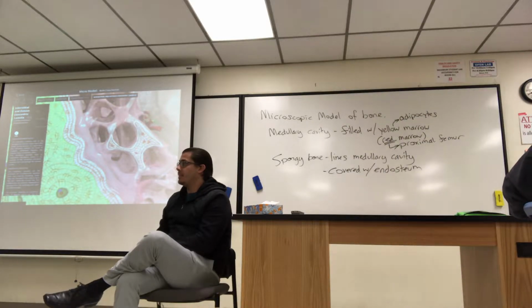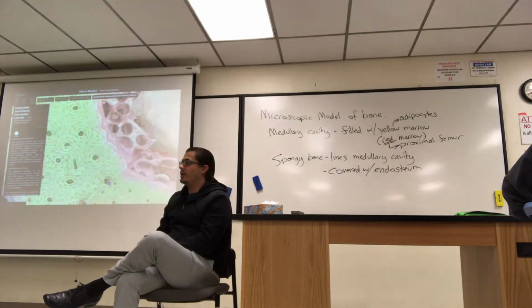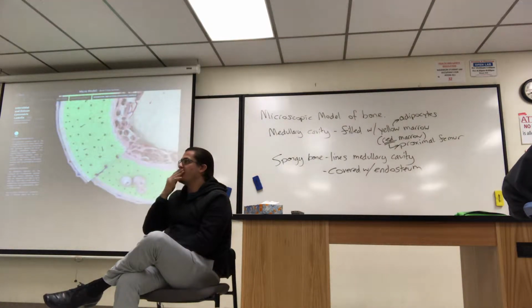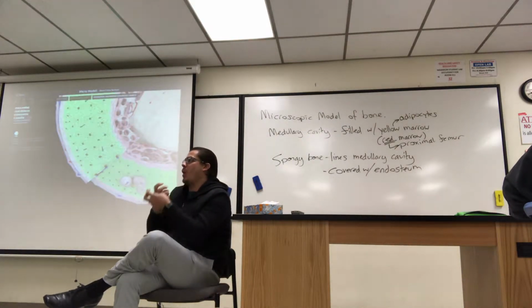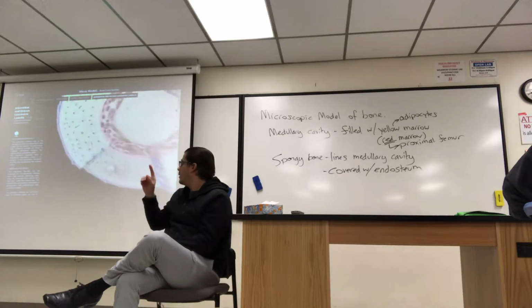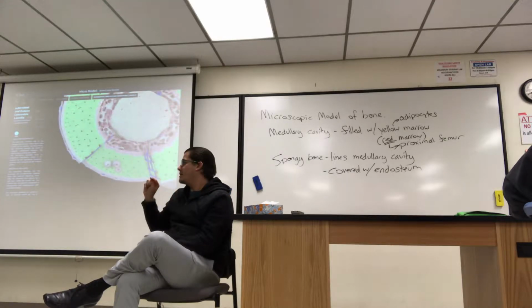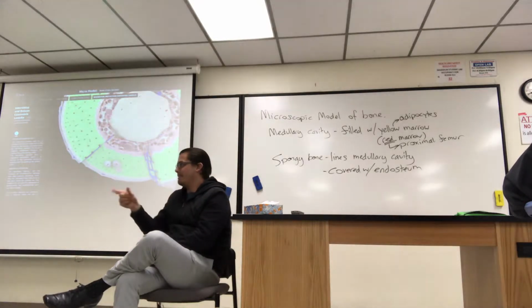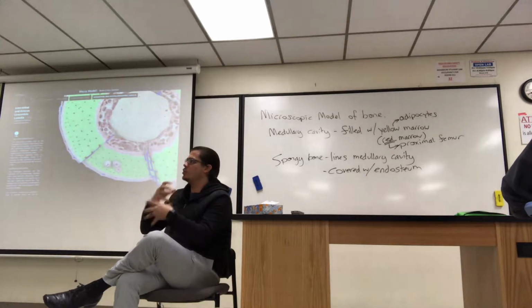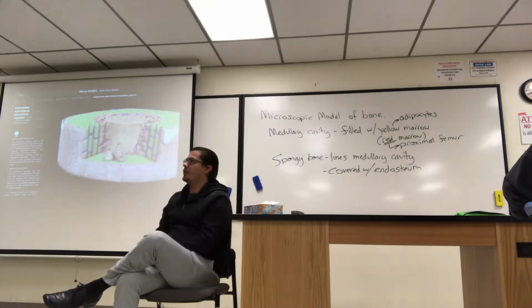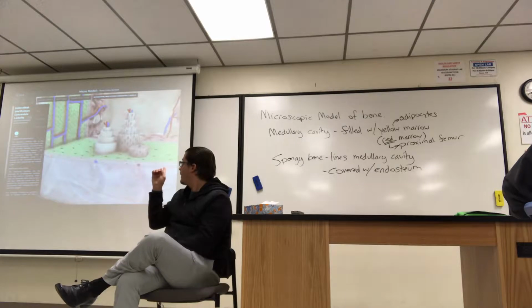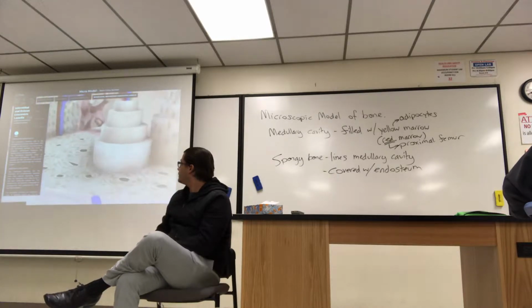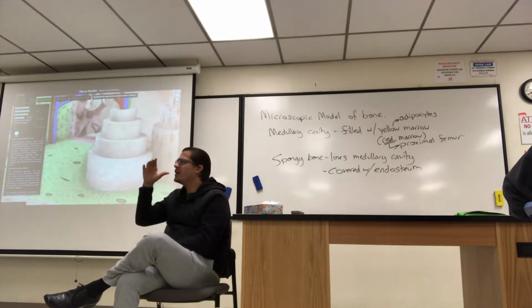So I'm going to zoom out. But really what makes this bone strong are all the osteons. What I've highlighted in green are all the osteons of the compact bone, these columns of bone that make compact bone strong, rigid, and tough. If you look at this part where they section it away, it looks kind of like a wedding cake with all the tiers, but what they're doing is pulling out the layers of an osteon.